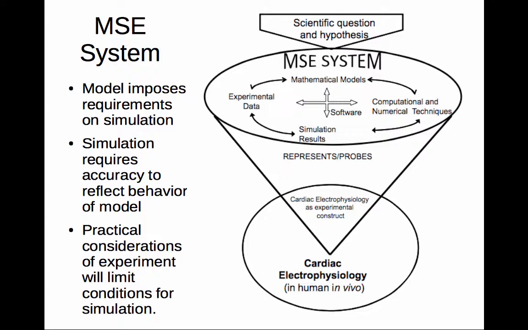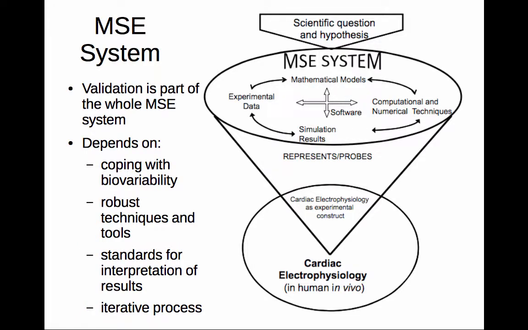But ultimately, the practical considerations of the experiment will limit what you can do in your simulations and how you use your model. So you have to be careful about how you design experiments, keeping in mind that what you're really trying to do is validate your models and your simulation and ultimately prove your hypothesis to be true.